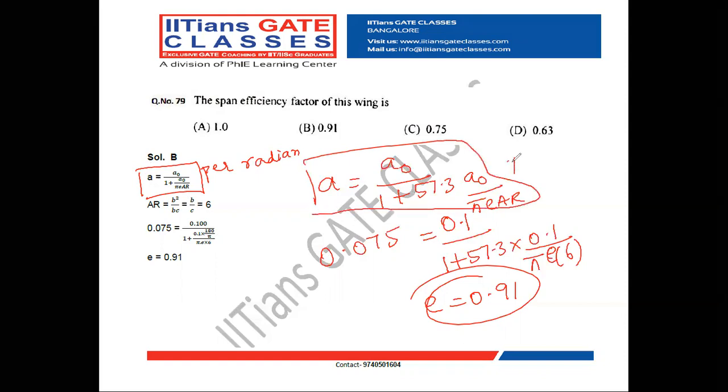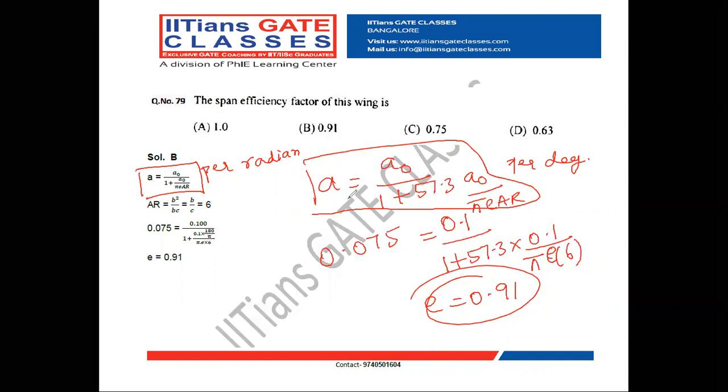If it is per degree, use this relation to find out the lift curve slope for the finite wing. Okay, from that the Oswald efficiency factor is calculated as 0.91 using this relation. So this is the span efficiency factor of this wing.